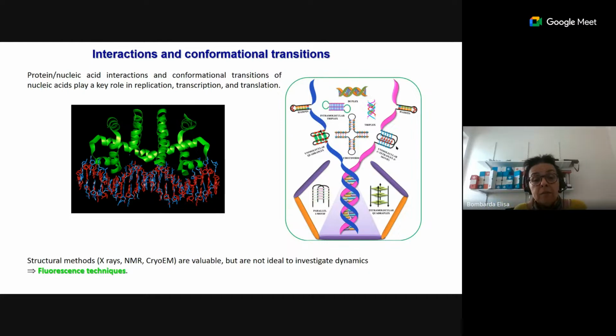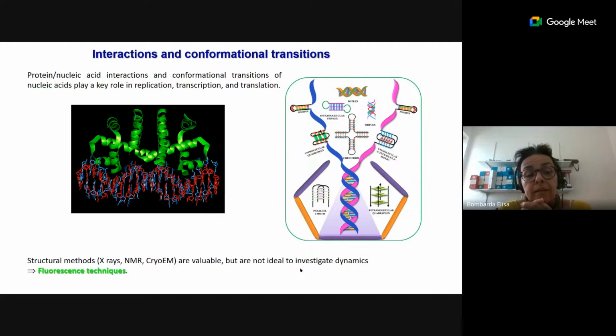And the structural methods like X-ray, NMR, and cryo-electron microscopy are of course extremely important and provide valuable information, but they are not really ideal to investigate the dynamics. They give maybe a snapshot of a story, but it's difficult to follow the kinetics.